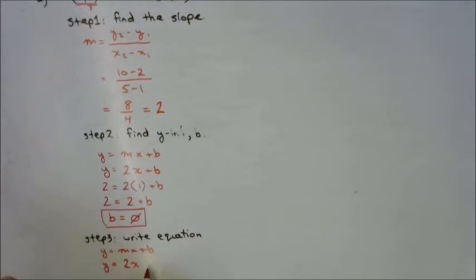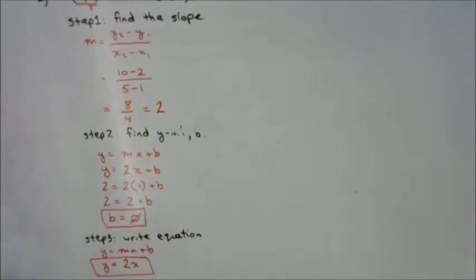And I know b is 0. So I'm done. You don't have to sub them for x or y. An equation will have x and y in it. 2 variables relating to each other. Okay, the equation of a line. If you're writing the equation, don't you have to put the m and the b in? I did put the b in. B is 0. 2x plus 0 is 2x.